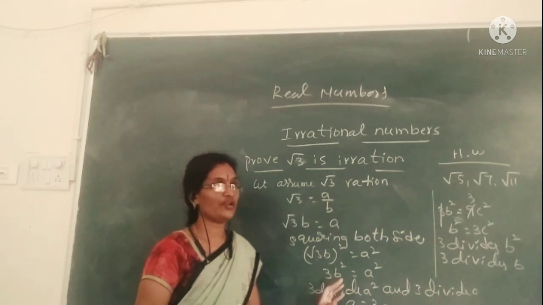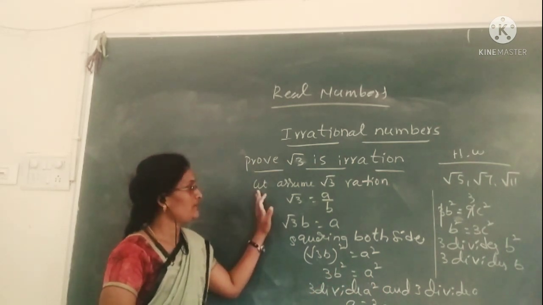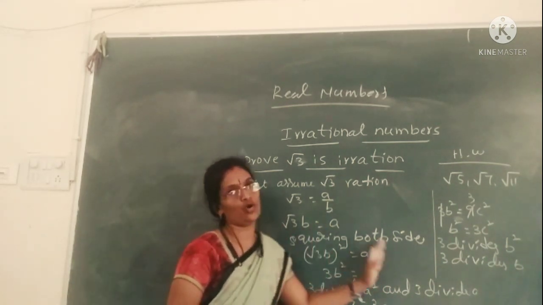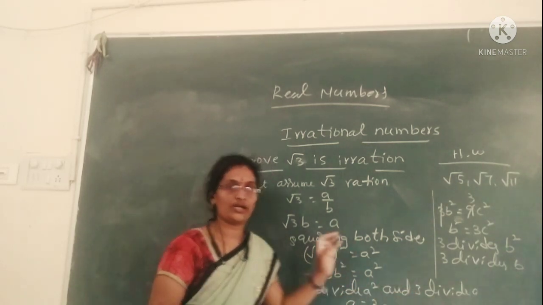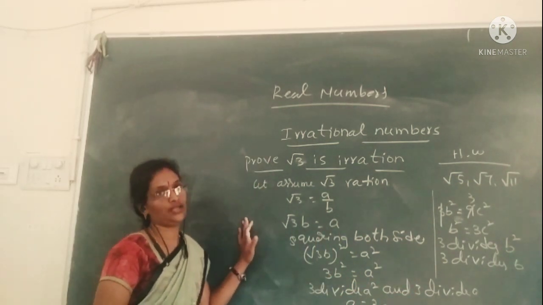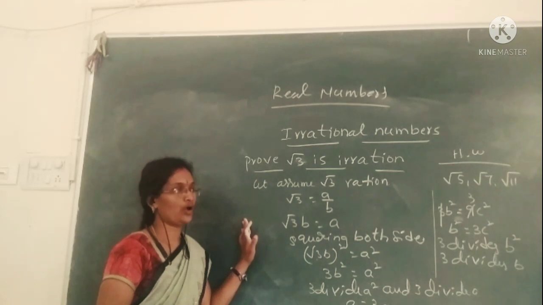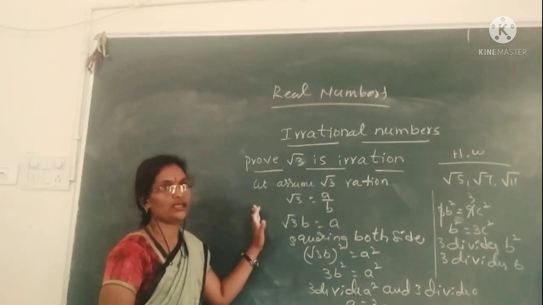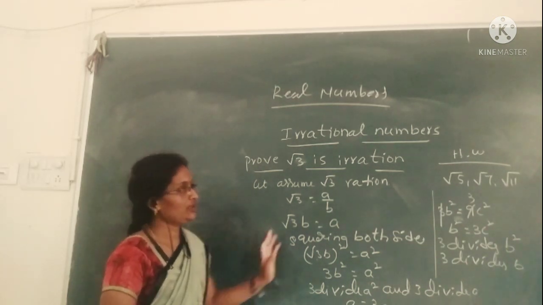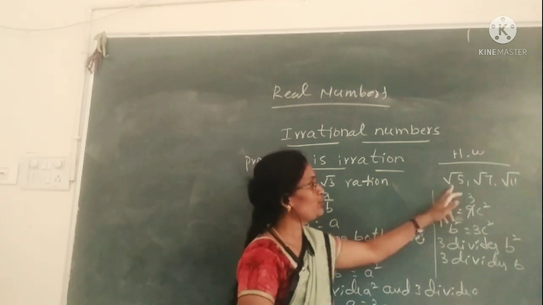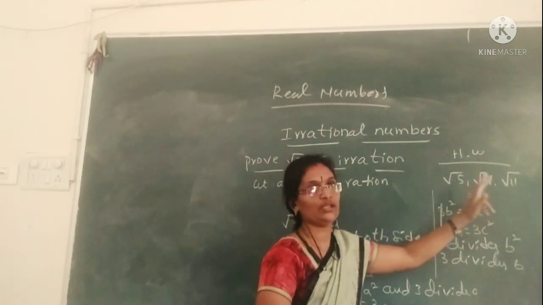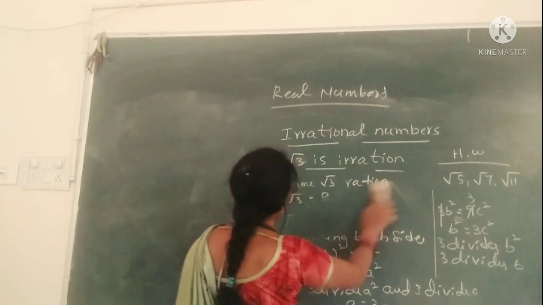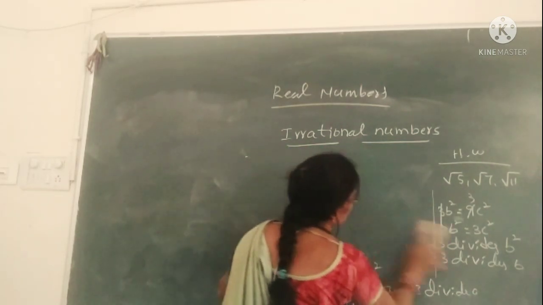This contradicts that a, b are co-prime numbers. So our assumption that root 3 is a rational number is wrong. So root 3 is an irrational number. We can follow this process to prove root 5, root 7, root 11. Then we can take another example.